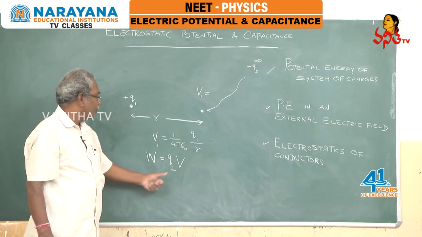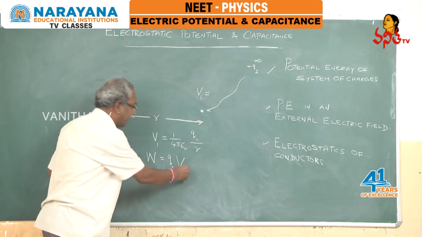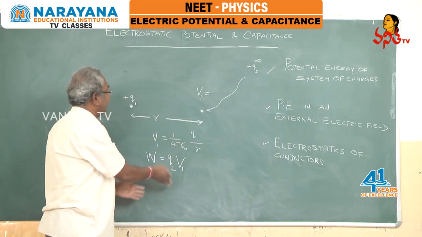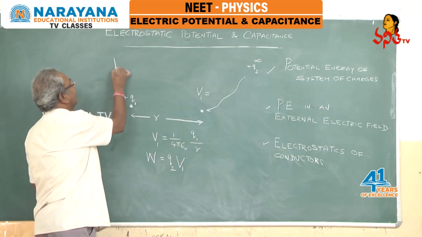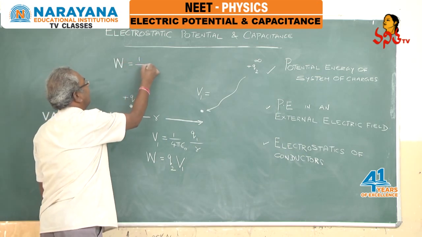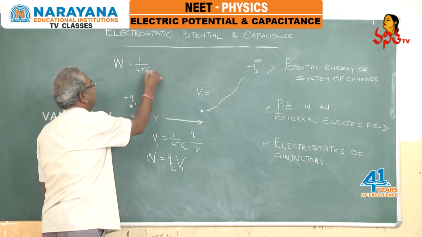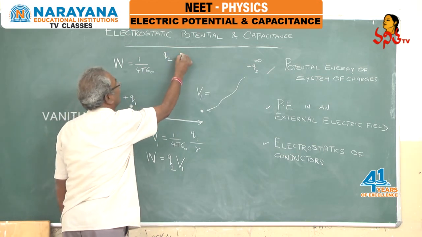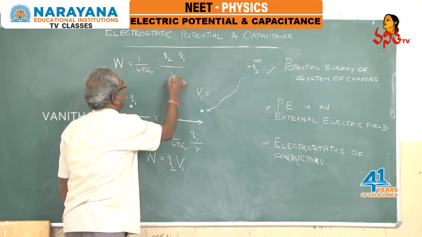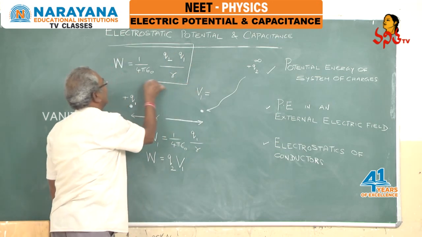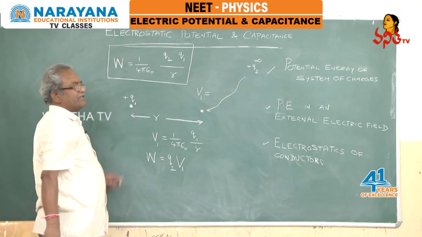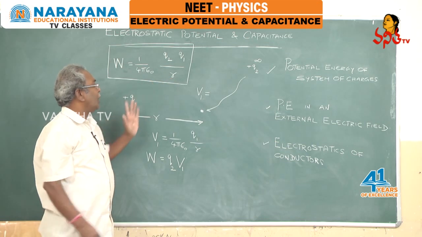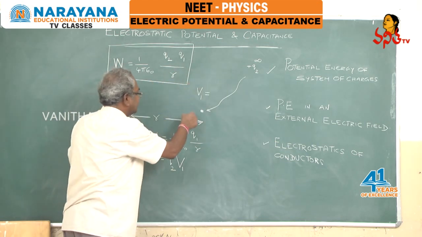So, to bring another point charge Q2 from infinity to this point, the work to be done is W equal to Q2V1, since the potential at this point is V1. Now, put the value of this V1 over here, and you can see that the work done is 1 by 4 pi epsilon naught Q1 Q2 by R. This is the work done against electrostatic conservative forces to arrange these two charges together.